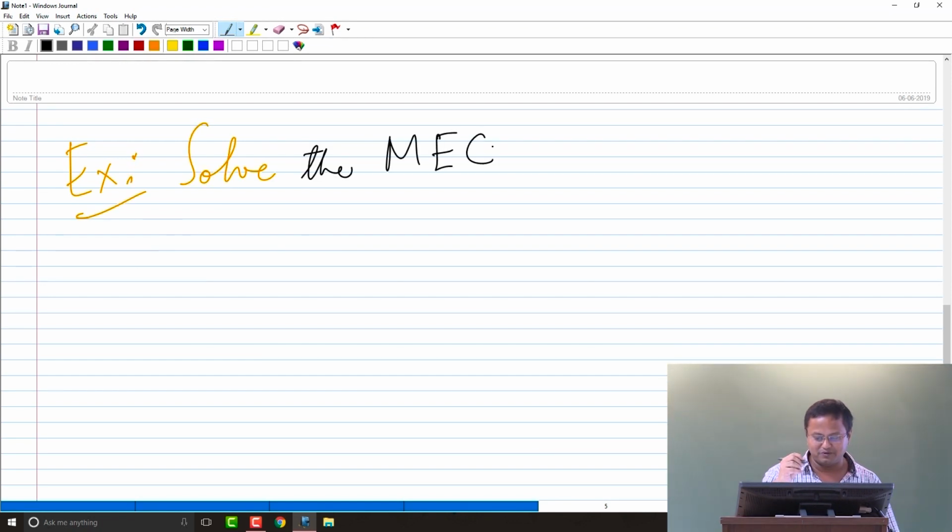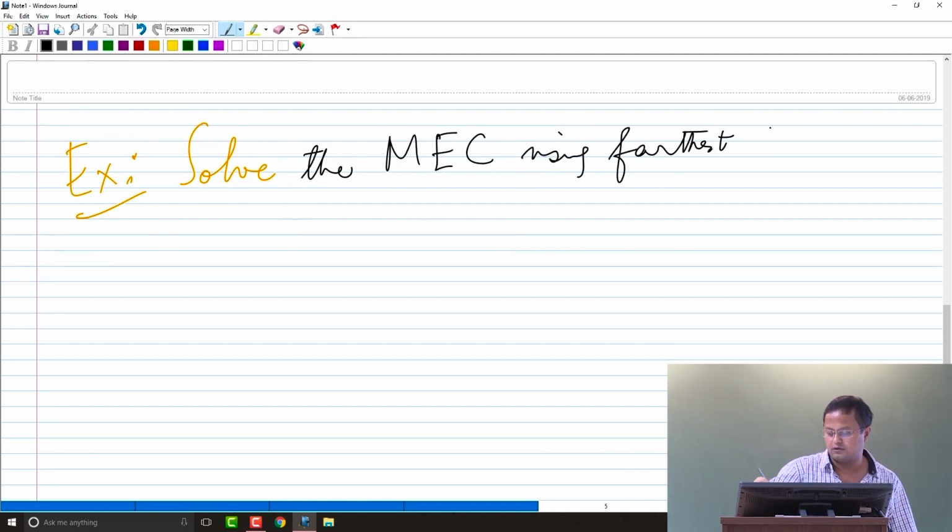Solve the minimum enclosing circle using the Voronoi diagram. This Voronoi diagram we were discussing was the nearest neighbor Voronoi diagram. So, this is the furthest.